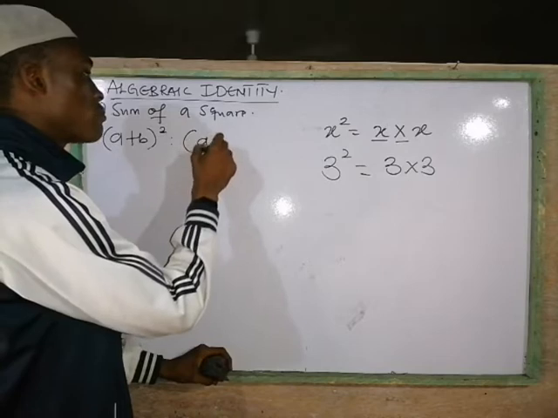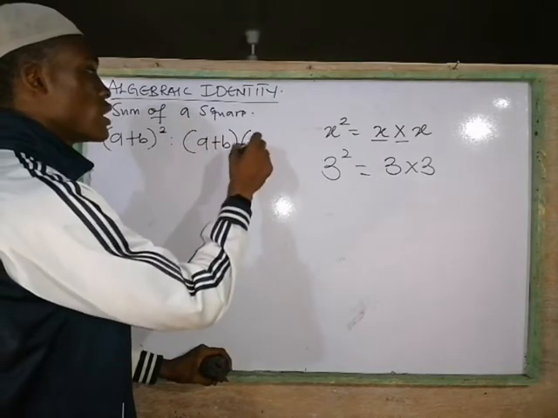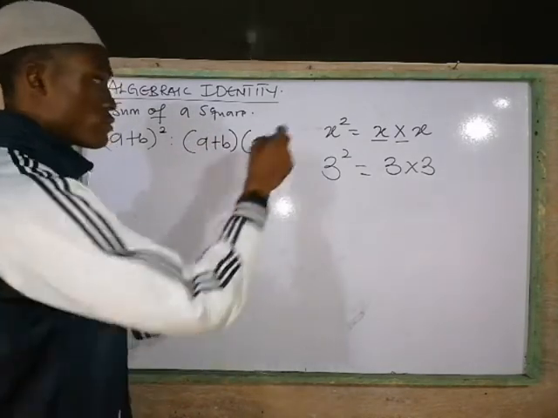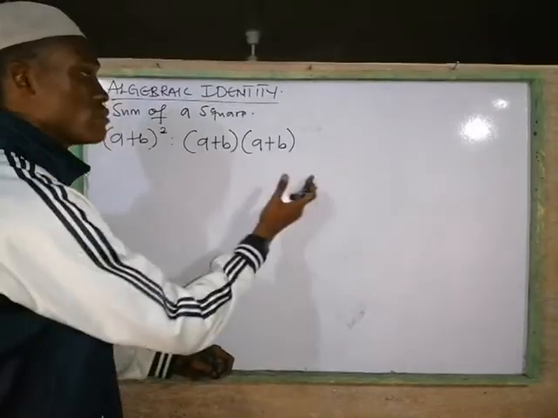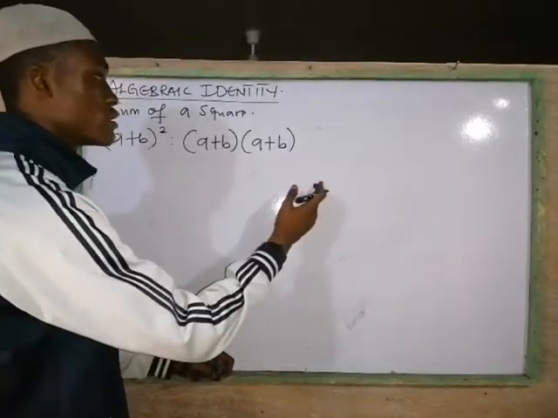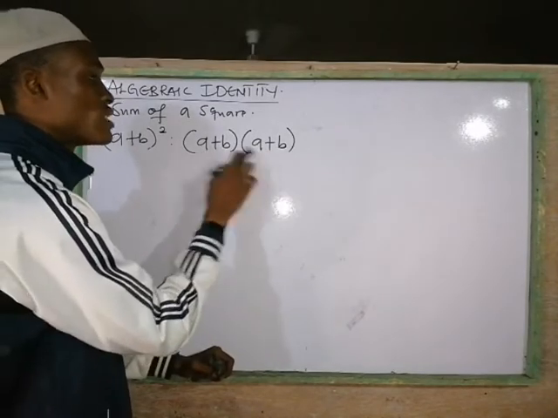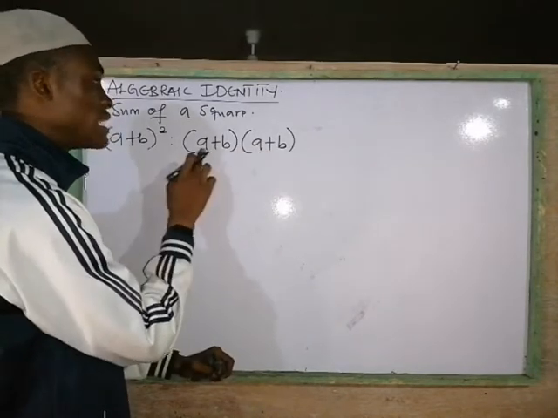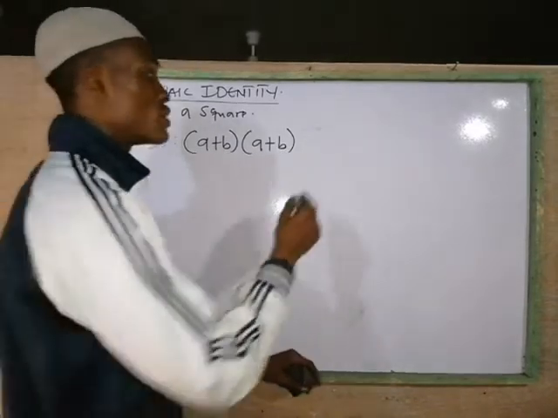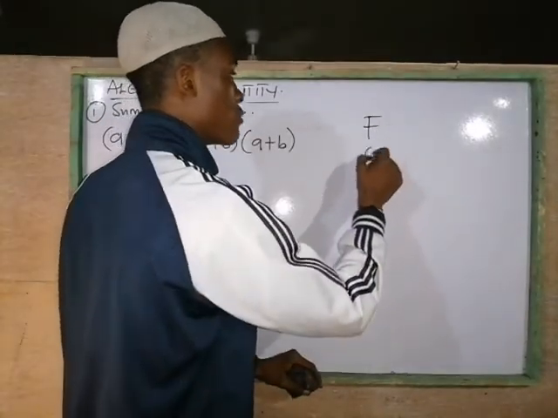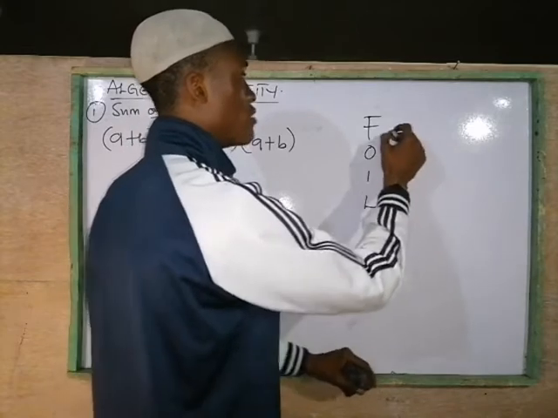So I have (a + b)(a + b). I can expand this bracket. I can FOIL it. So I have to multiply these two values together first, then these two, then this, then this. So I can use a system that is called FOIL system to multiply.